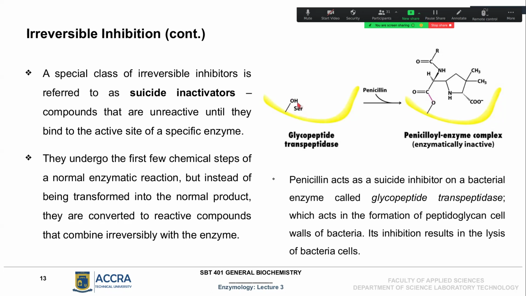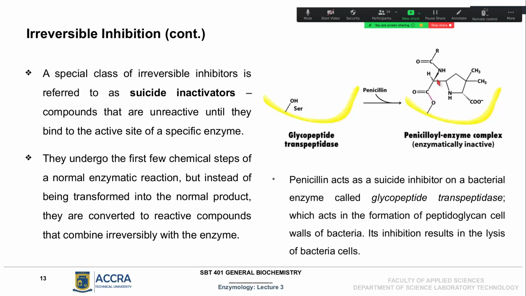So you see serine, whose hydroxyl group can react with penicillin. So penicillin, you see the penicillin compound, you have a carboxylic acid group which binds covalently to that side chain of serine in the enzyme glycopeptide transpeptidase to give you a complex of the penicillin and that enzyme.